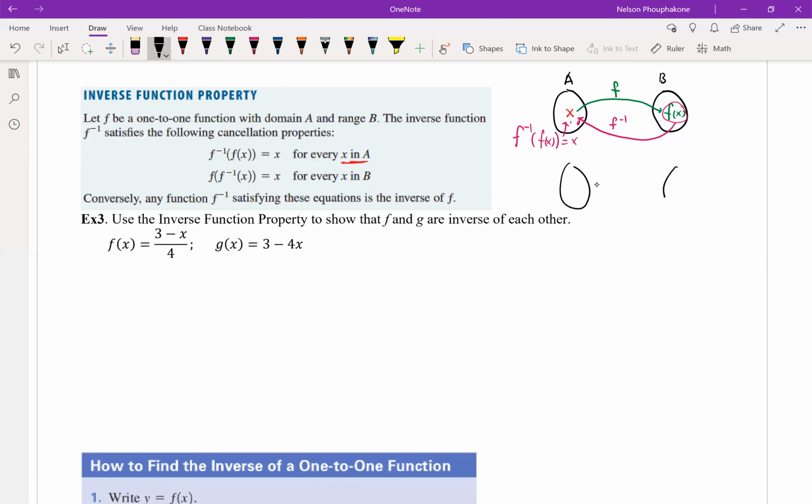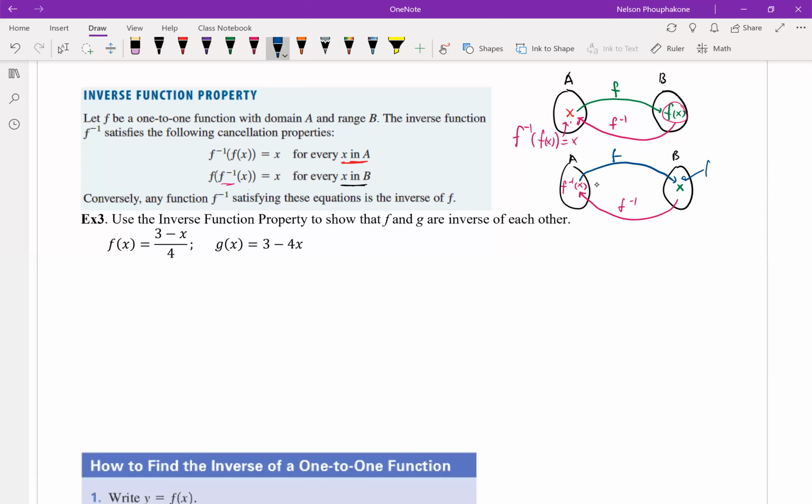Again, I have two sets. This is set A, this is set B. In this situation, x is in B. Now I go through the inverse function, so I will have f inverse of x here. Then this inverse becomes the input of the function f.